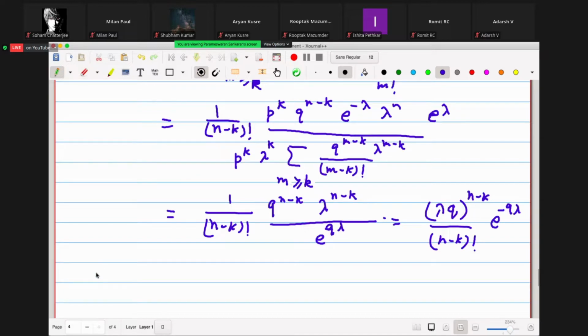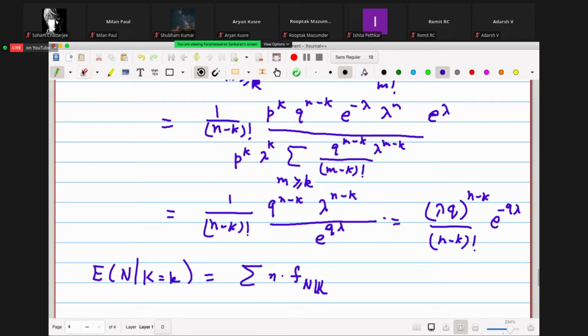Now we want to compute, having done all these things, the expectation of n given K equals k. We haven't done this yet, so we only computed the mass function. So n times f of n given k.